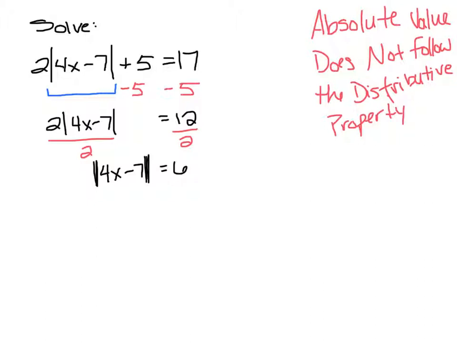Okay? Since the absolute value is isolated, it's all by itself, there's no multiplication or division or addition or subtraction. Now we can split into two different equations. One positive, one negative. Because remember, we can get the same answer for absolute values for positive and negative. They both would yield a 6. Now we need to solve it just like a normal equation.